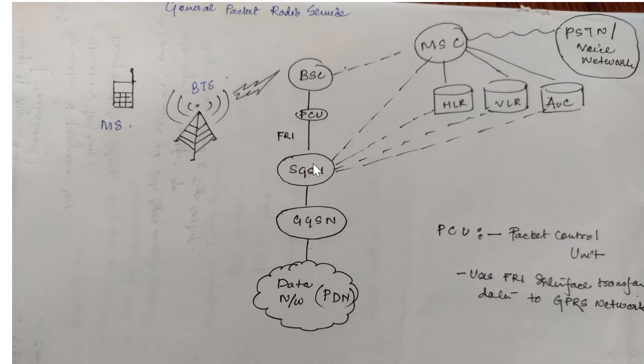That is, it has to authenticate whether it is a valid request or not. Second, it has to register the mobile for the network. The registration of the mobile system in the GPRS network is done by SGSN, and it has to do the mobility management. How does it do the mobility management? Because it is connected to the HLR, VLR and AUC, as you can see.